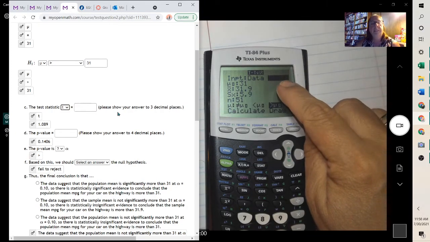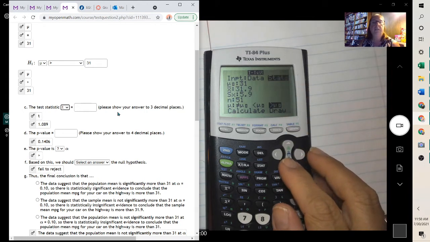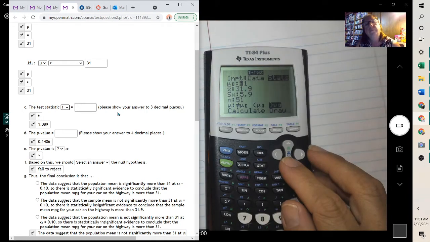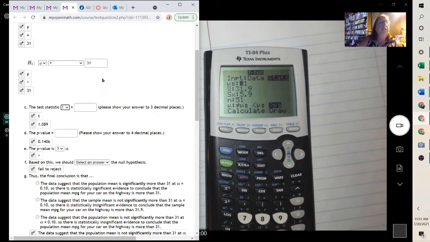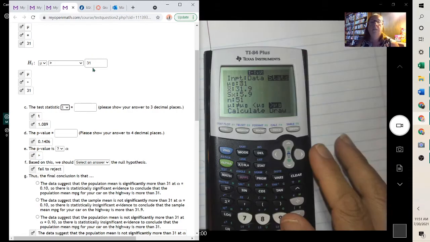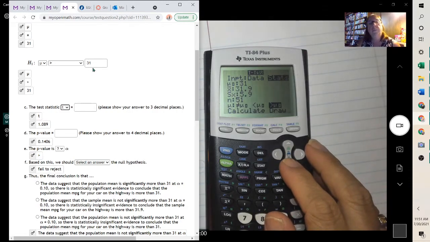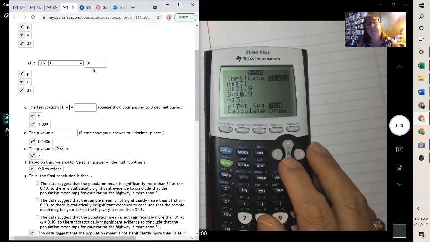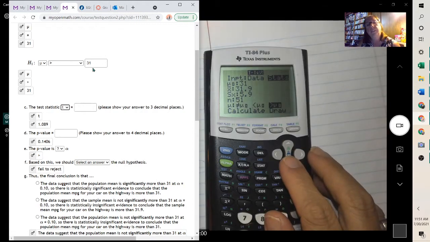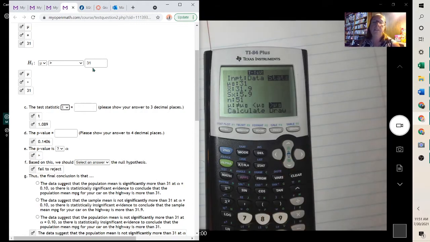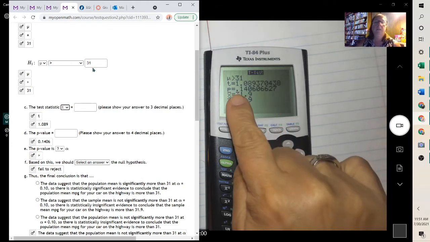We have statistics, and I put these in already. Our average in our null hypothesis was 31. And then from the sample, we had 31.9 and standard deviation 5.9 with a sample size of 51. And then we were testing greater than. And you hit calculate.